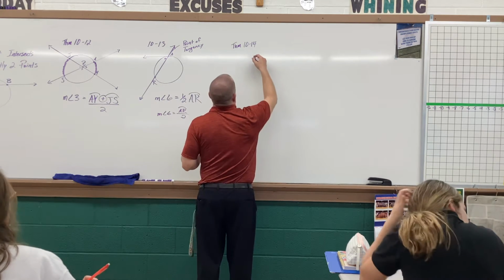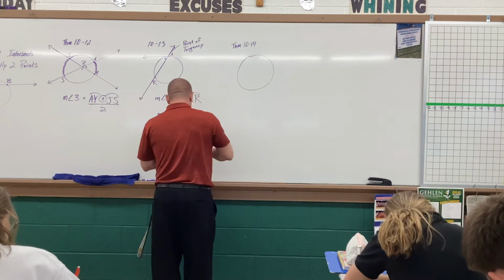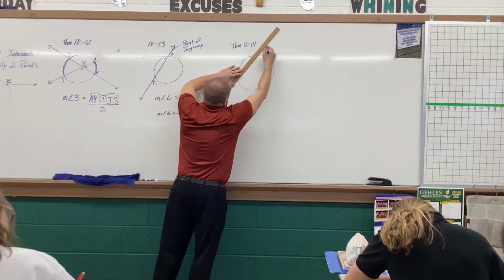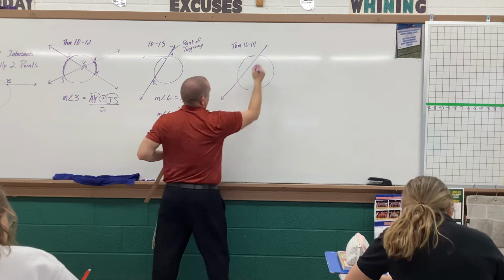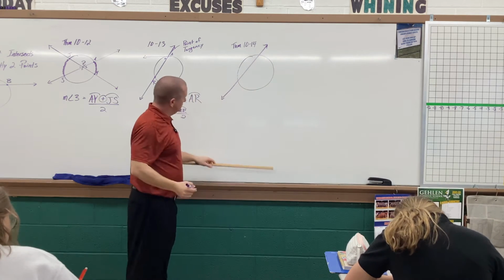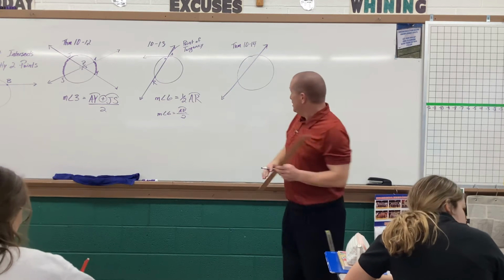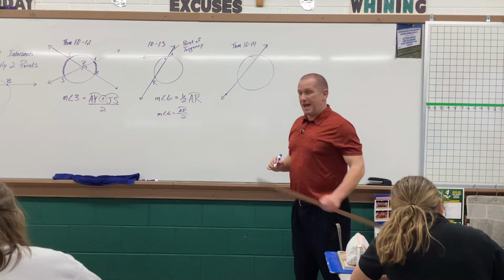But this one, to me, is easiest to do with either a secant and a tangent, or 2 tangents. So I'm going to draw my secant. Ooh, that was kind of bad right there in the end. My apologies. And then it's going to intersect on the outside now, right? So come down here somewhere and put a point. Doesn't really matter where it is.